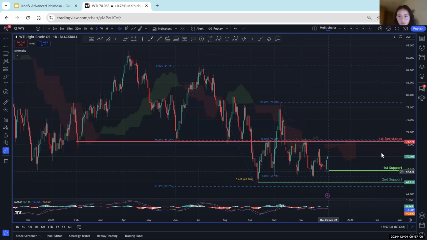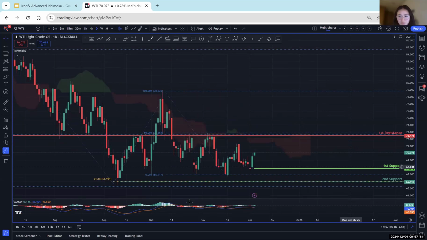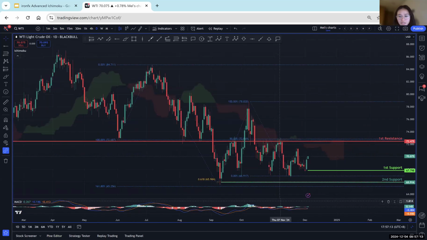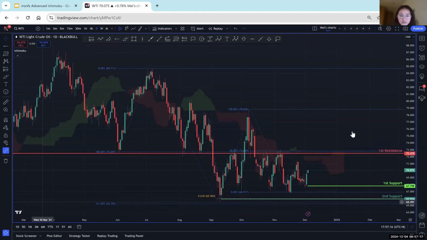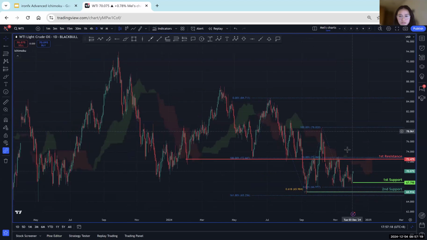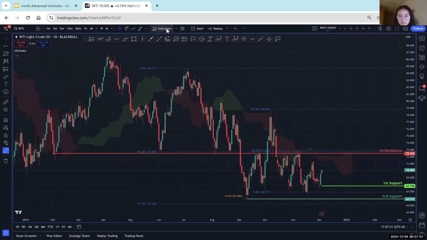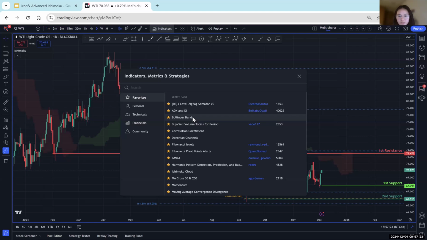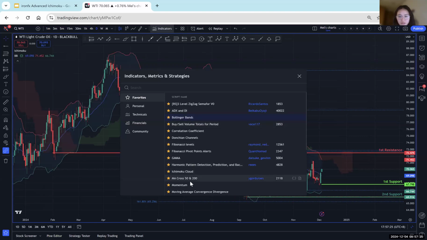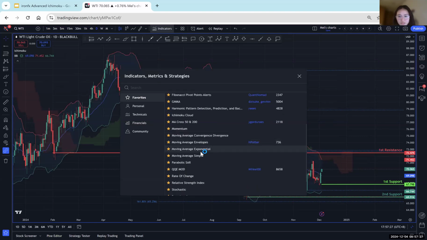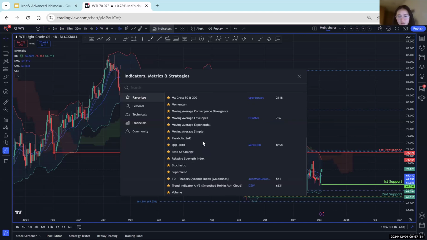We have prices moving below the cloud, which is giving us a bearish signal. MACD, I'm not really going to use because it's not giving us a clear signal right now. Let's maybe look at Bollinger Bands, moving averages, parabolic SAR, RSI, stochastic.